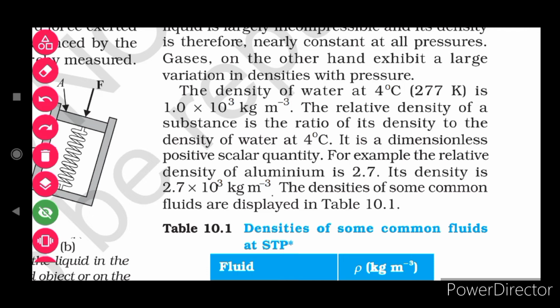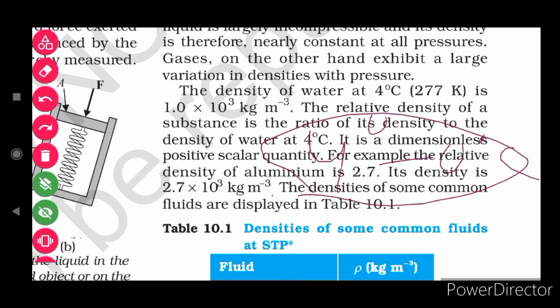When we read about the anomalous expansion of water, you will see that water shows very different behavior on decreasing the temperature from 4 degrees to 0 degrees Celsius. What should happen on decreasing the temperature? The volume should decrease, but surprisingly the opposite happens. Its volume increases, and this is the anomalous expansion of water.